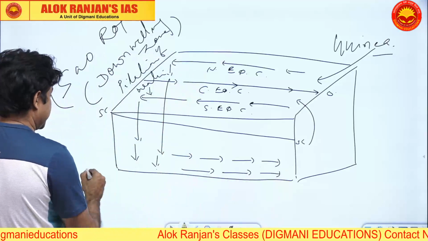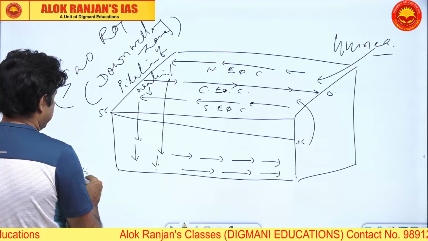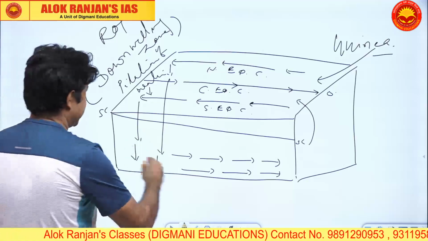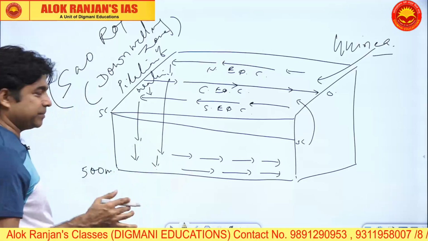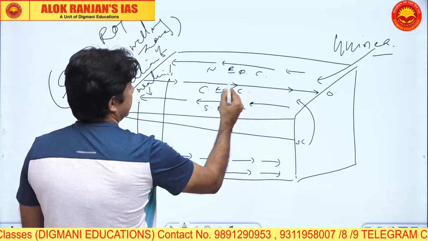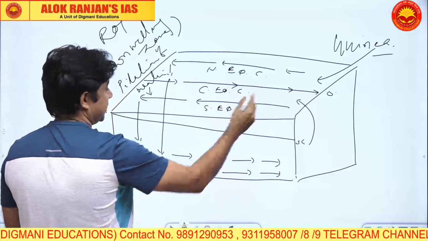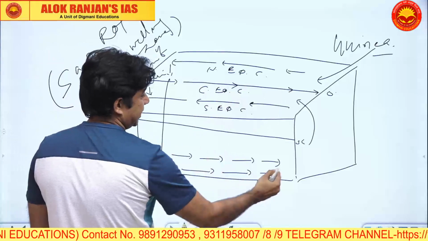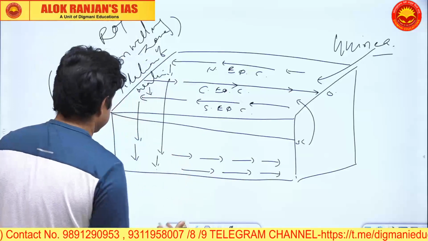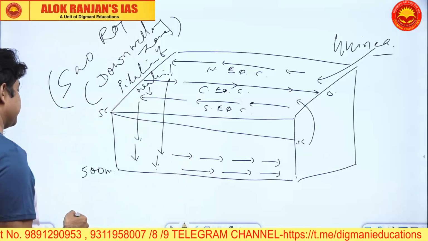The depth could be roughly 500 meters. Maximum depth will be 500 meters, and this is the returning current. So there is one returning current at the top, which is counter equatorial current, and there is another returning current at greater depth, like 500 meters to 1000 meters.